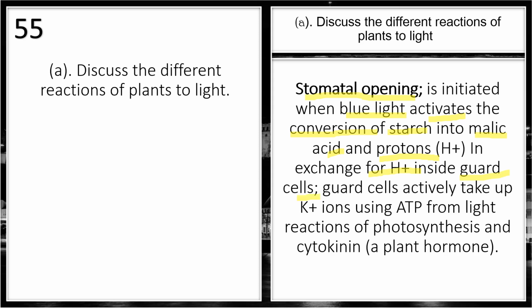Guard cells actively take up potassium ions using ATP from the light reactions of photosynthesis and cytokinin, a plant hormone.